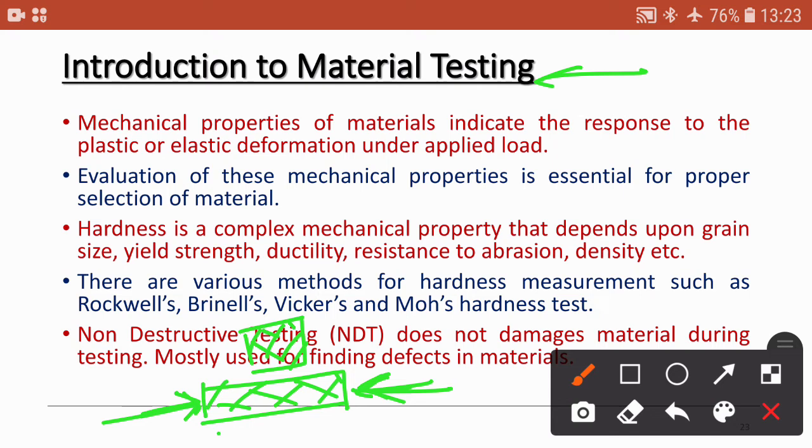So when we apply that type of load, that amount of load and that direction of load, the magnitude and direction of these loads or forces, then we can say at this load and in this direction these forces can damage the rod.